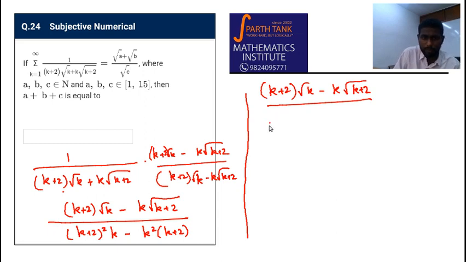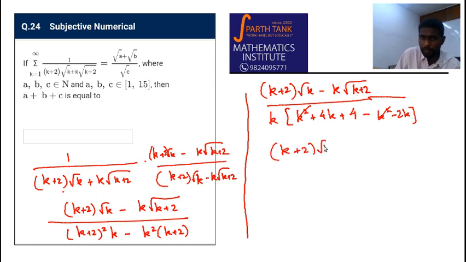So keep one k common, and what I get is k squared plus 4k plus 4 minus, I kept 1k common, so k into k will be k squared and 2k. See here, this would again result in k squared gone. This and this would give me, the numerator remains the same, root k minus k root k plus 2, and the denominator becomes k into 2k plus 4.